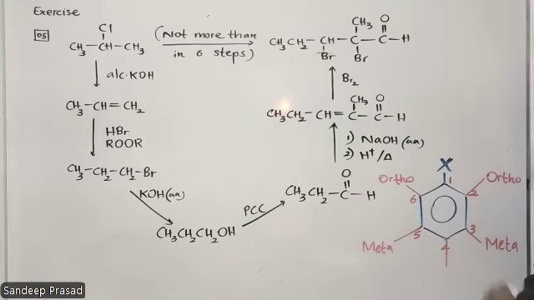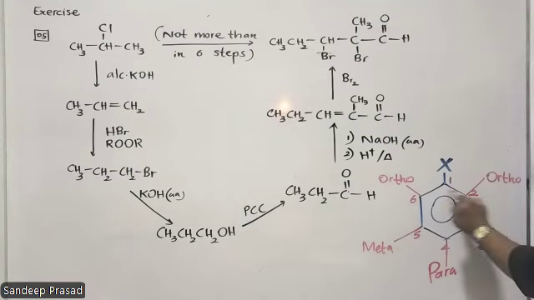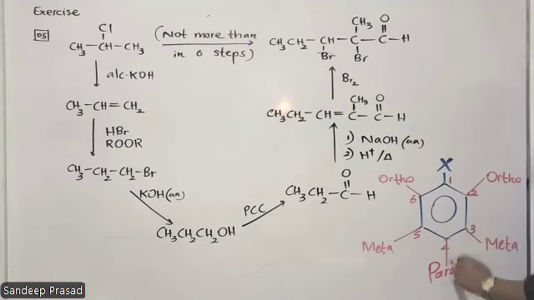And here we can see number 4, what is it? This is considered as para position. So likewise, we have ortho positions 2 and 6, para position number 4, and meta positions 3 and 5.